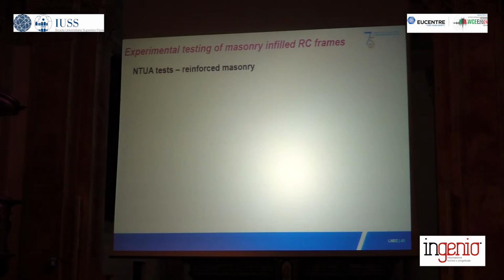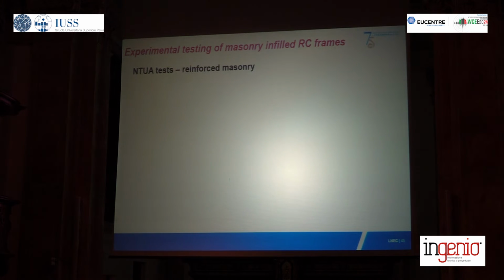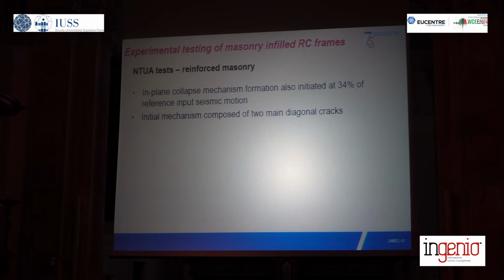Now, if we move on to the reinforced masonry test, we had an in-plane collapse mechanism, which basically initiated at the same stage of testing. This is the reinforced masonry where we have those bed joint reinforcements. But here the initial mechanism was composed of 2 main diagonal cracks, not the horizontal cracks anymore.